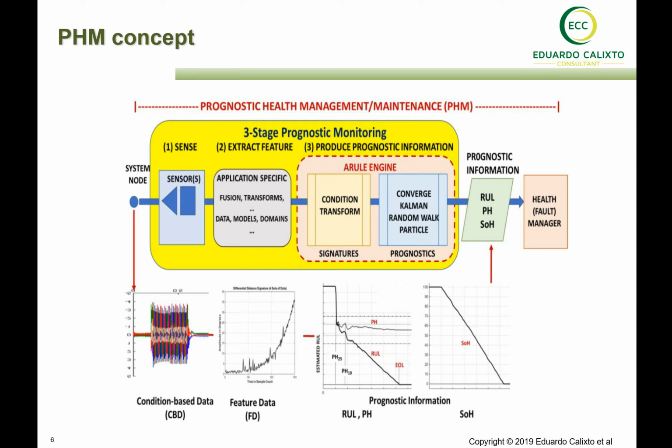Based on such information, we are able to link the sensor information to a computer, a device. Then we need software to calculate and make the prognostic of remaining useful life and state of health. And then, of course, the manager will have the information to anticipate this failure.